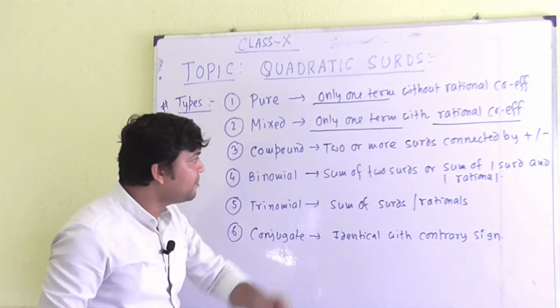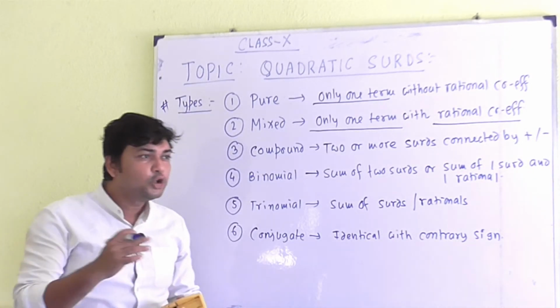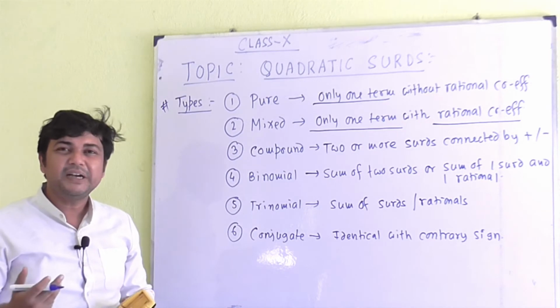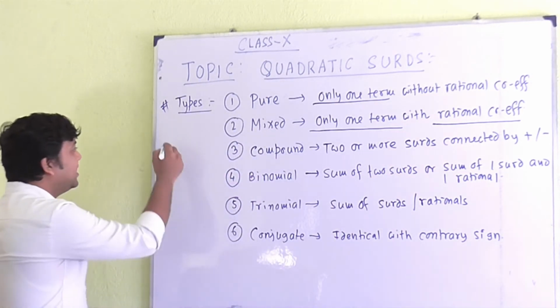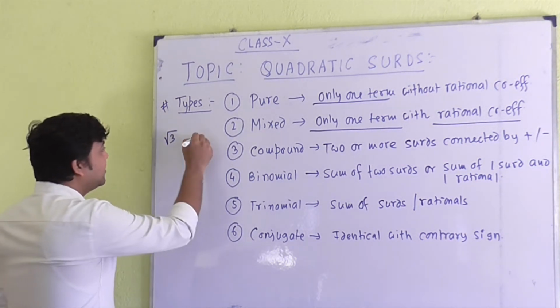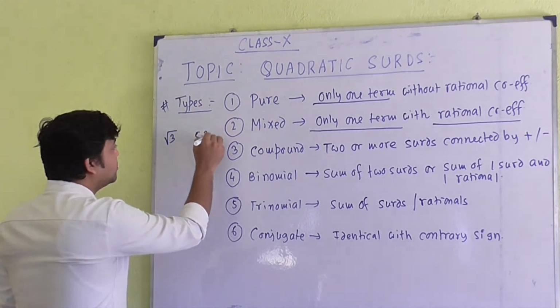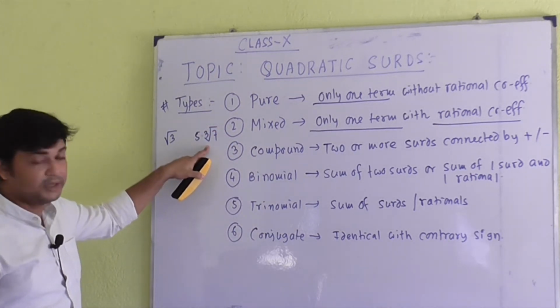Next, compound surd. What is a compound surd? A compound surd is the combination of two or more surds connected by some operations like addition or subtraction. If you take the example, suppose root 3, it is a surd, and 5 into cube root 7 is another surd. It is a pure surd, it is a mixed surd.